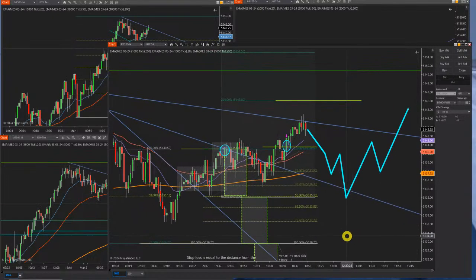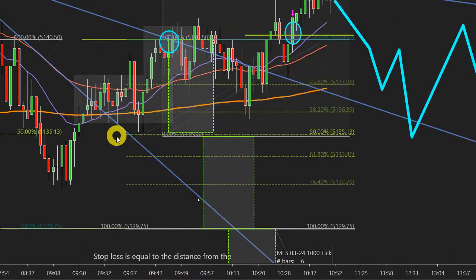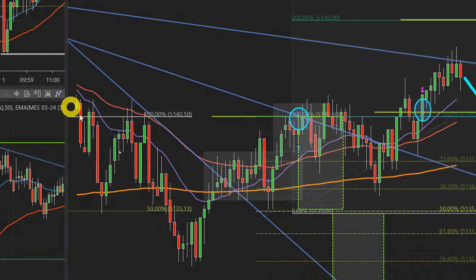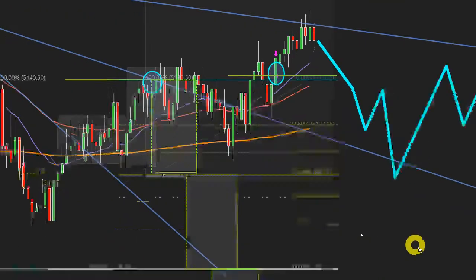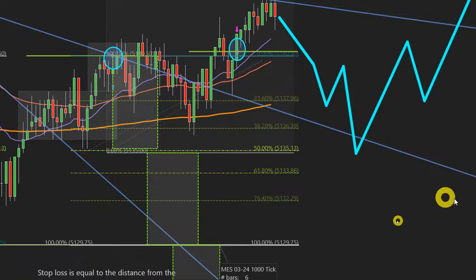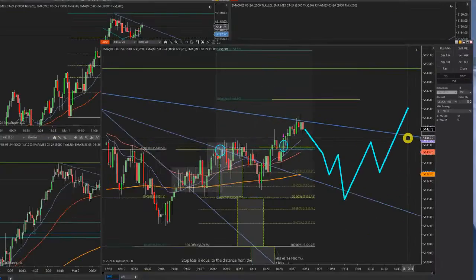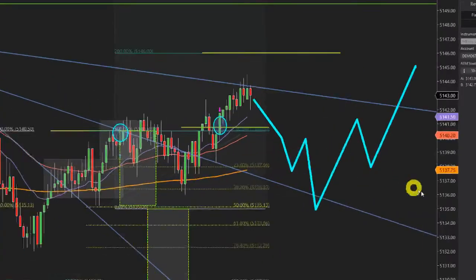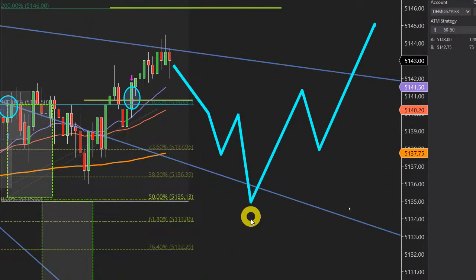That would put us at a sweep even lower than these two pivots here. Price can take the highs here, come back, take the lows here, then start to put in higher lows and break out after that. It could stay in between these two moving averages, trend lines for a while.